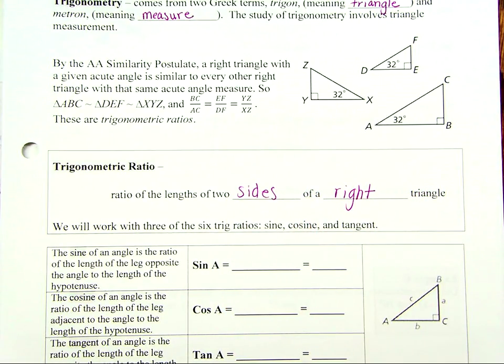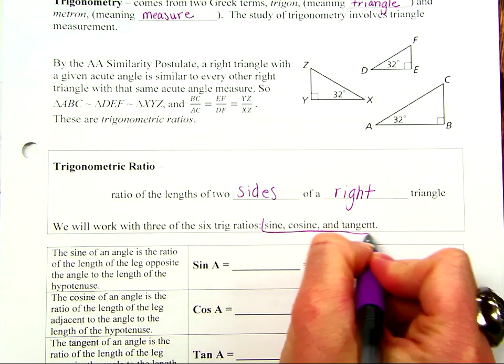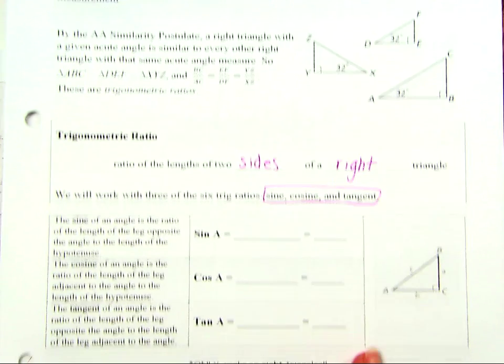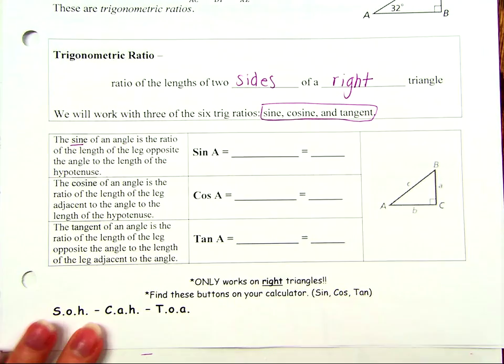We are going to work with 3 of the 6 trigonometric ratios, and those 3 are sine, cosine, and tangent. Well, the sine of an angle is the ratio of the length of the leg opposite the angle to the length of the hypotenuse.